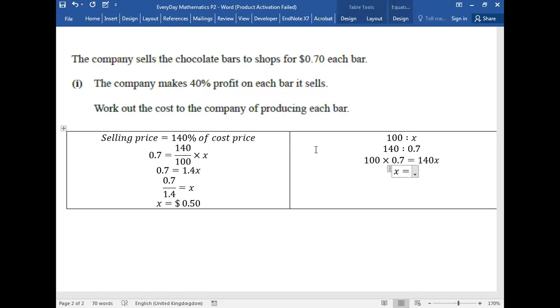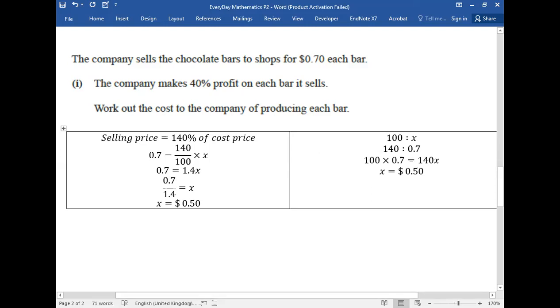And again, profit is always applied to the original cost price. If you have 10% profit, the selling price is 110% of cost price. If you have 12% profit, the selling price is 112% of cost price. Absolutely, because the cost price is itself 100%. Is this clear or not? This is the best way to attempt these questions. Yes, you can find other ways as well.